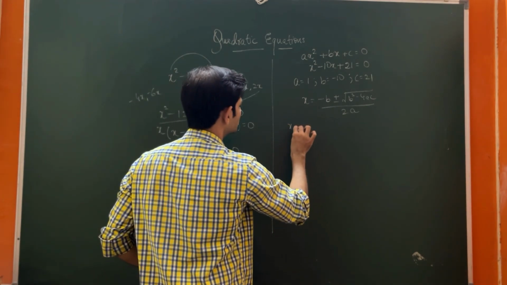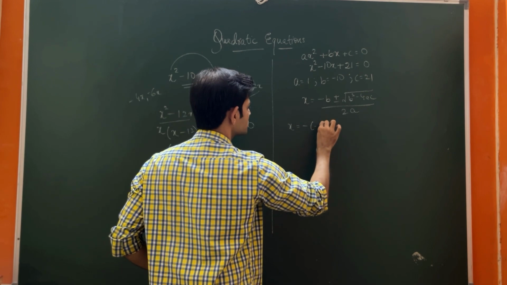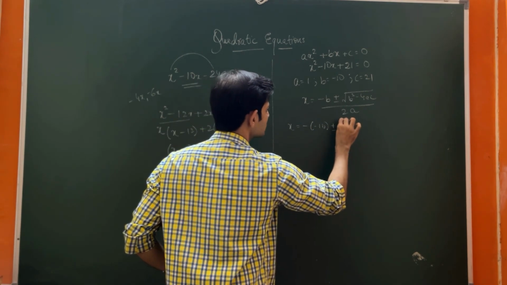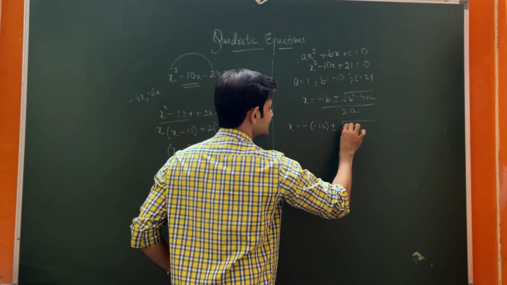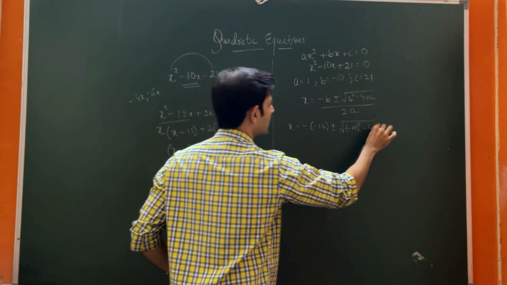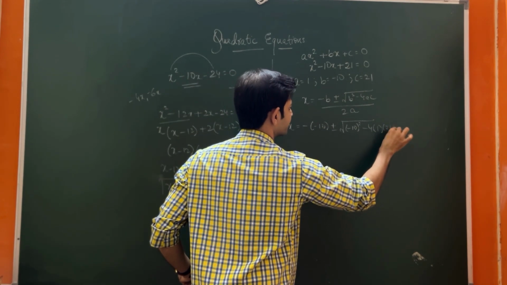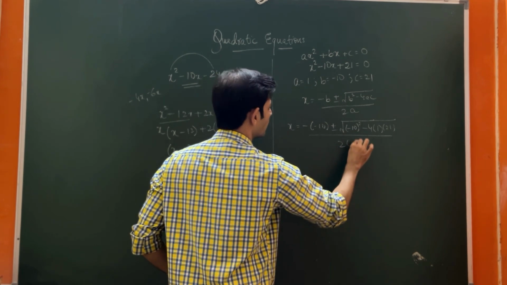So x is equal to minus b, b is minus 10, so minus of minus 10, plus or minus root of b square, is minus 10 square, minus 4, a is 1, c is 21, upon 2 into 1.